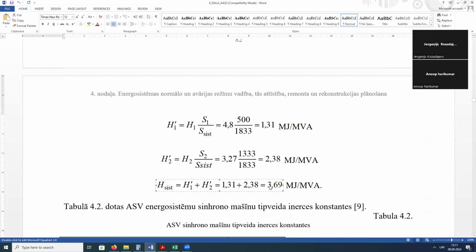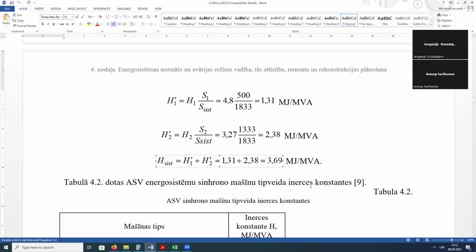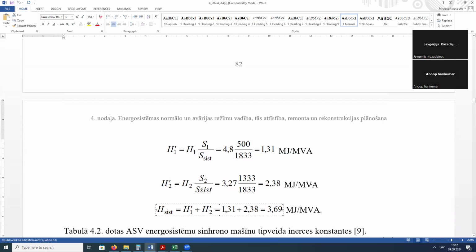As a result, for the second one it is 2.38, and the total is the sum of these two and is equal to 3.69 megajoule divided by megavolt amperes. So this is true for any number of generators.